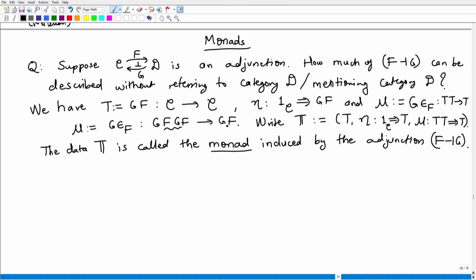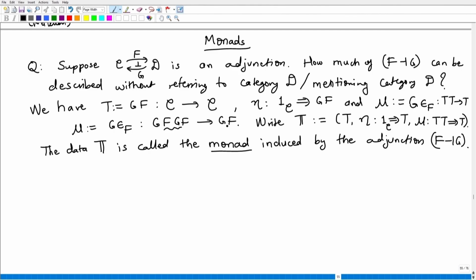Eta would be one element, and mu is a binary operation on T, because mu is going from TT to T. So what is such a structure called usually? Monoid, provided it satisfies certain properties. Okay, so now this is not exactly a monoid. Of course, we are working in a different category, but they have to satisfy certain properties.